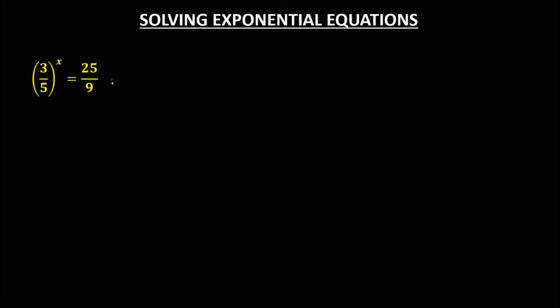Then for this given, so this 25 and 9, so 25 is equal to 5 to the power 2, and 9 is equal to 3 to the power 2. So therefore, this becomes 3 over 5 to the power x equals this 25, that's 5 to the power 2 over this 9, that's 3 to the power 2.